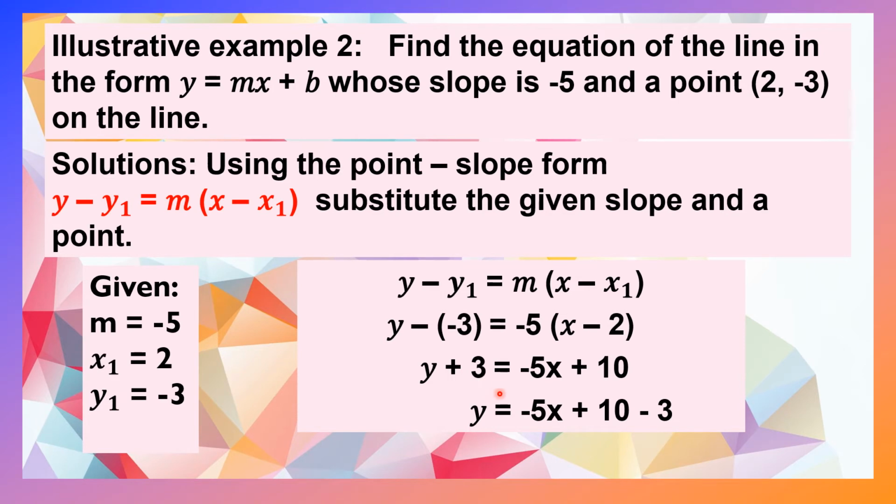Then, just copy equals at yung ating negative 5x plus 10. Simplifying 10 minus 3, it is equal to positive 7. Then, just copy y equals negative 5x. Thus, the equation of the line is y equals negative 5x plus 7.